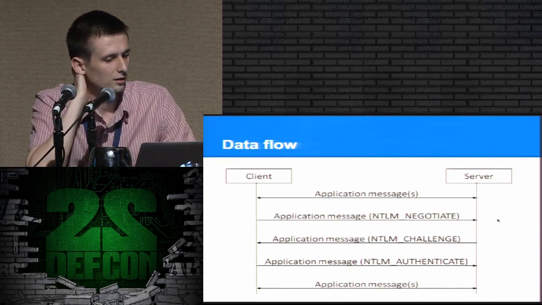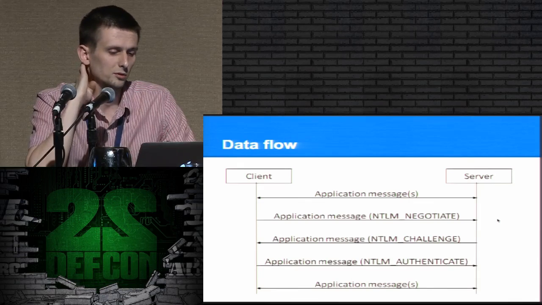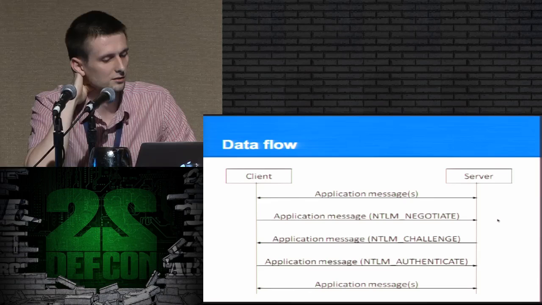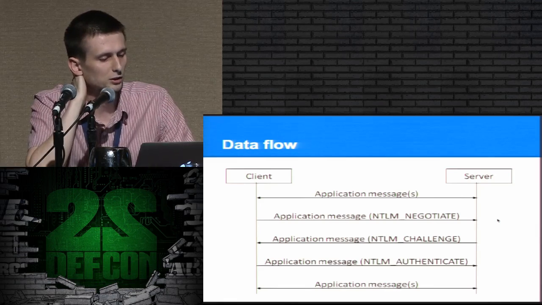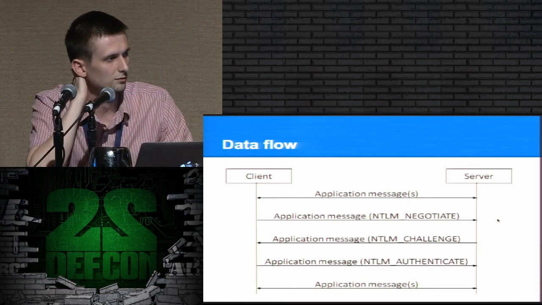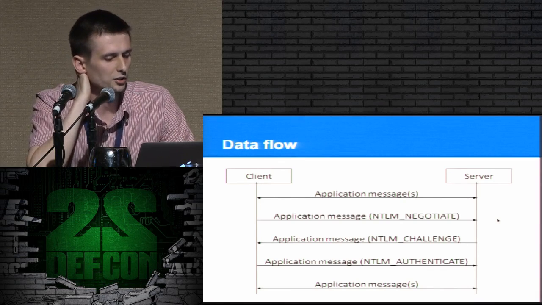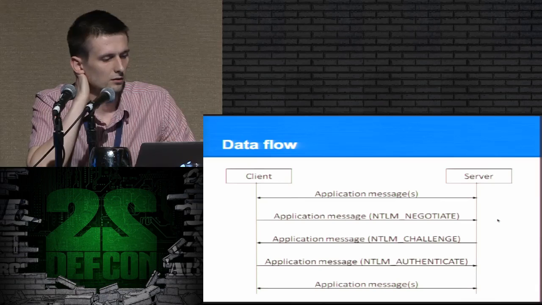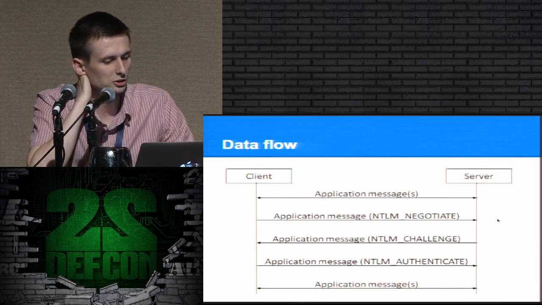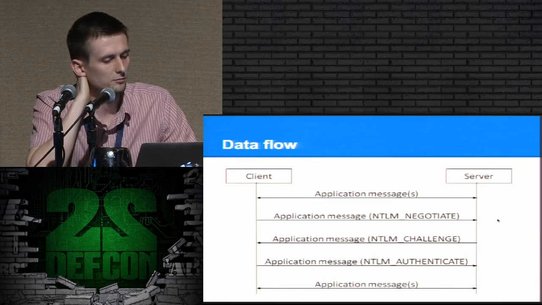On the server side, the same happens. The server will talk to the SSPI interface and say: hey SSPI, here is the message from a client. Copy it from that buffer and generate for me please an NTLM challenge, and I will send it to the client. After that, the client will receive the NTLM challenge message, also send it to the SSPI interface, and SSPI will prepare for the client the message that should be sent to the server.